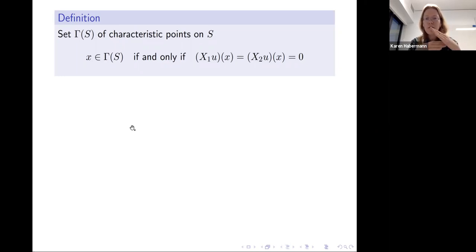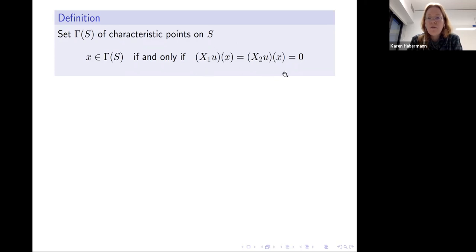And one thing I had alluded to earlier is we need to look at what happens when we consider the tangent space to our surface S compared to the distribution plane. It turns out that the points where they coincide are not necessarily nice, and they cause a lot of problems. They are called the characteristic points of the surface S. You can check that they're given as the points where both x1 of u and x2 of u vanish.